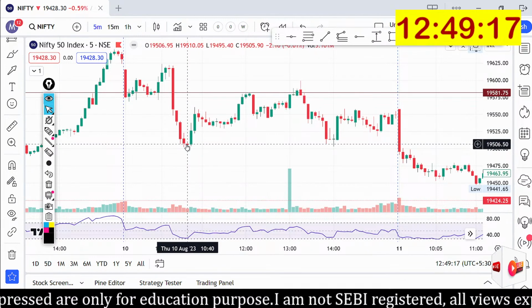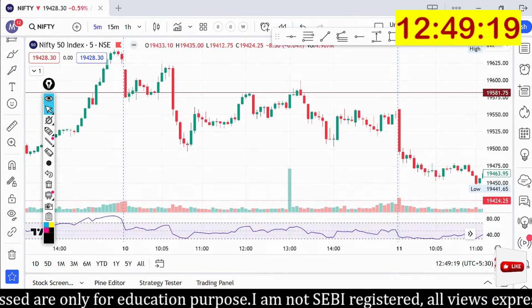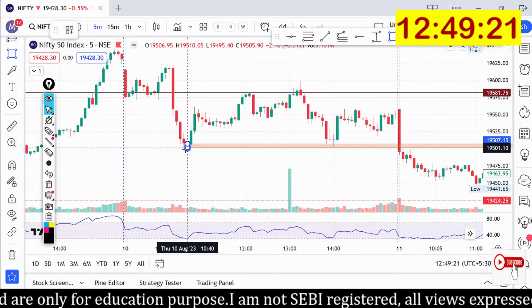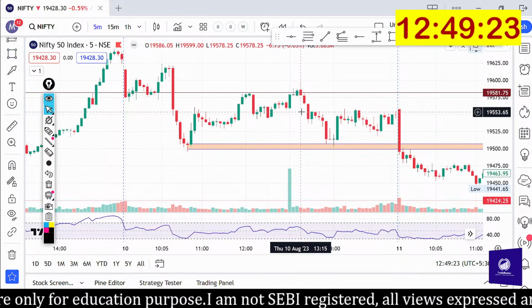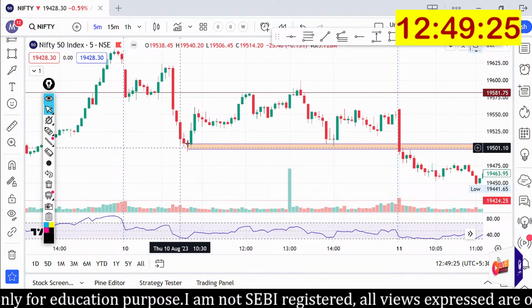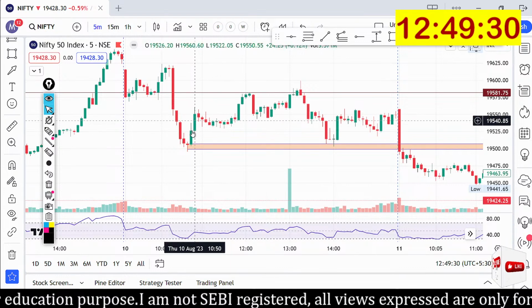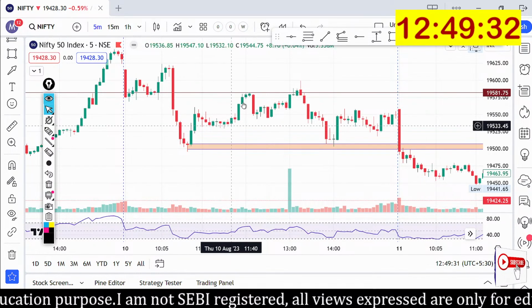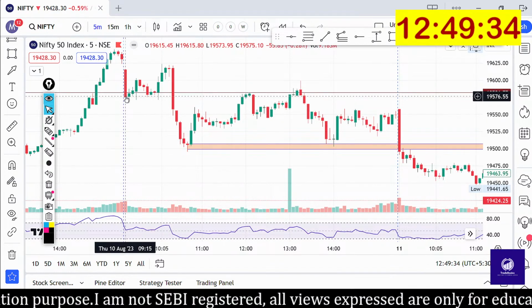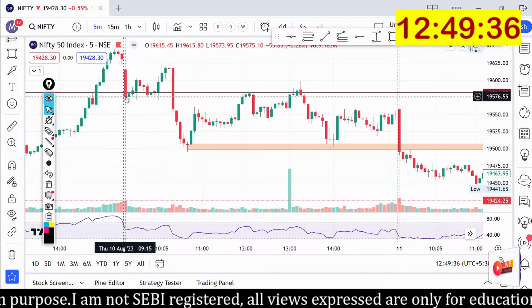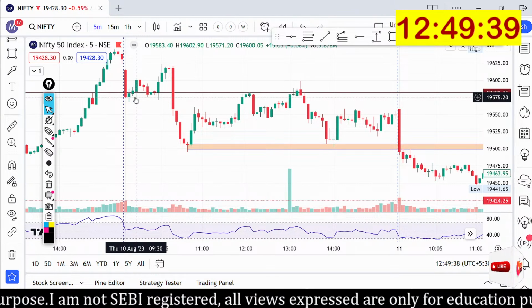This was a support. This one was a support, right? So exactly what has happened, it has taken the up move. It has just followed up with that up move, continued, and where it has gone, the first 5 minutes' low.